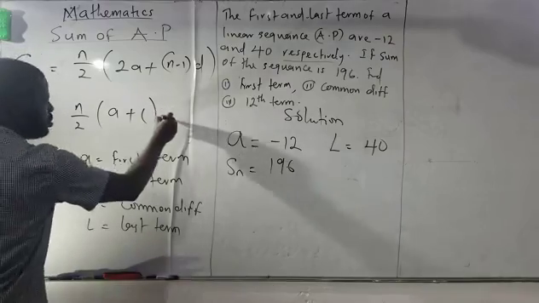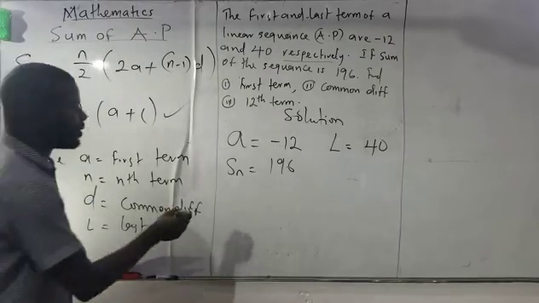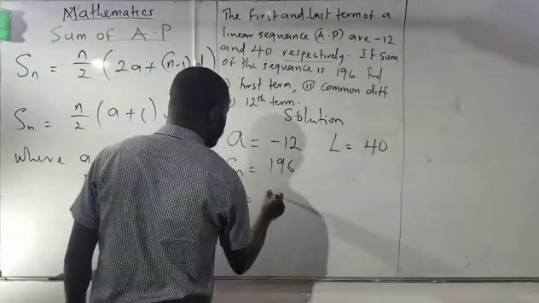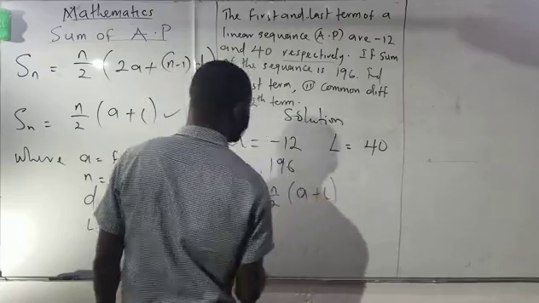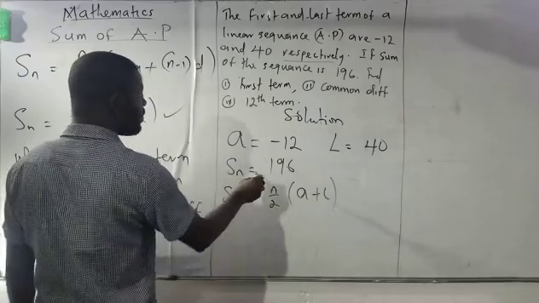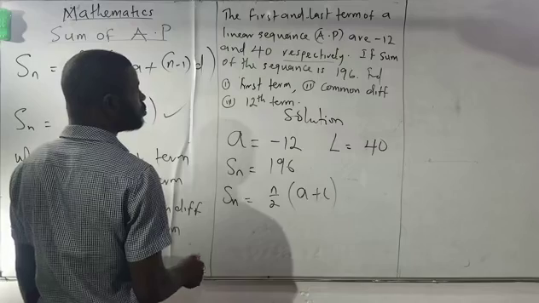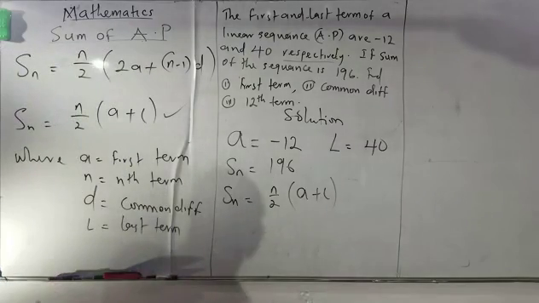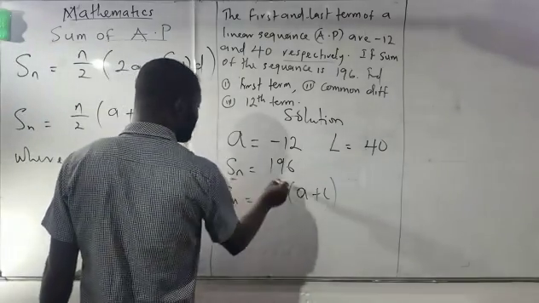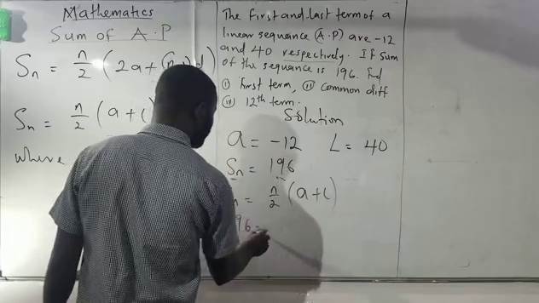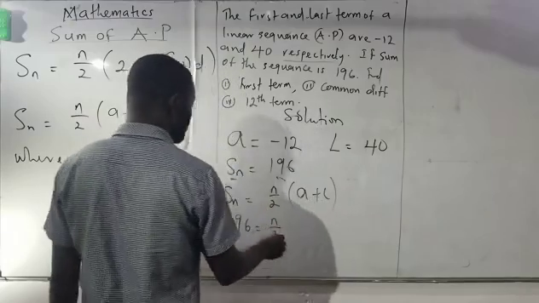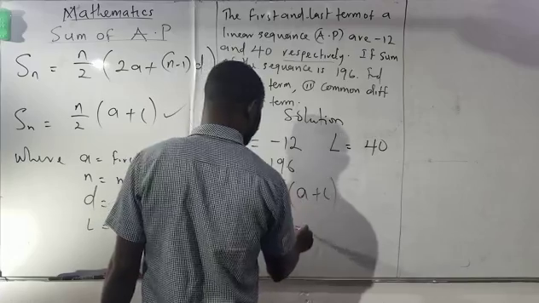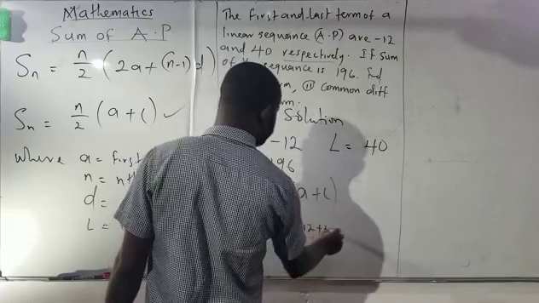Now, I will use this formula: the sum of n equals n all over 2, bracket of first term plus last term. So 196 equals n divided by 2, bracket of minus 12 plus 40.